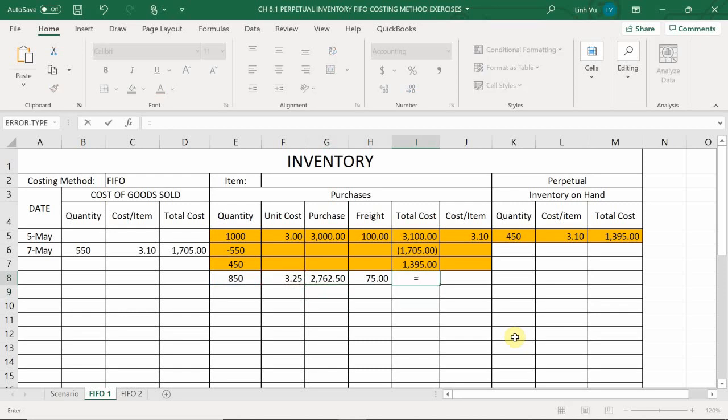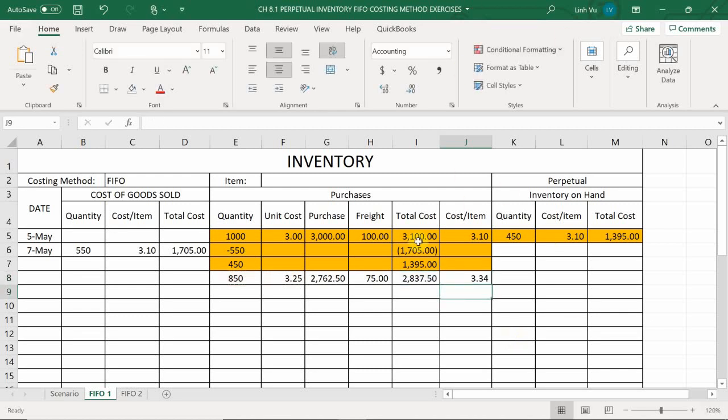Good. Plus 75 gives me a total cost of $2,837.50. And then the cost per item is going to be $3.34. In this case, let's extend it out just to make sure that it's $3.34 even. But I think it's $3.3382353.